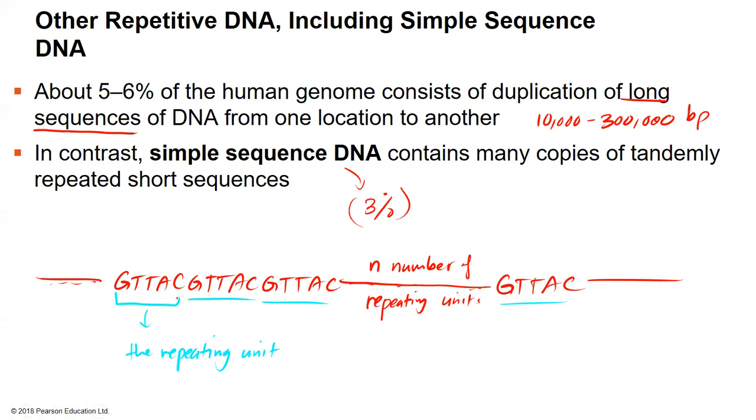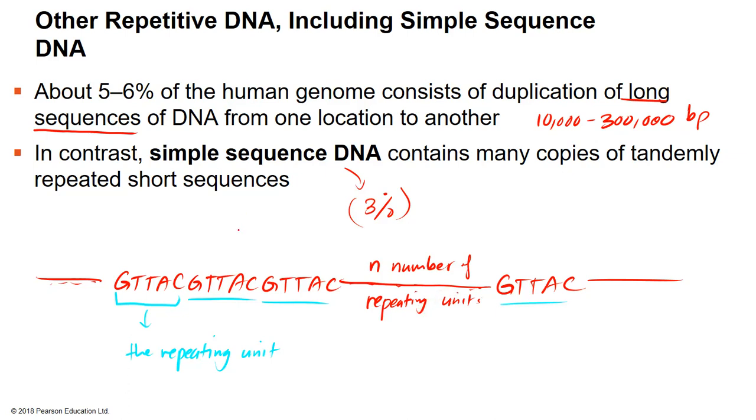So this is the repeating unit consisting of 5 nucleotides. It could be repeated hundreds or thousands of times, and this repetitive DNA could be found more than once in different locations within the genome.